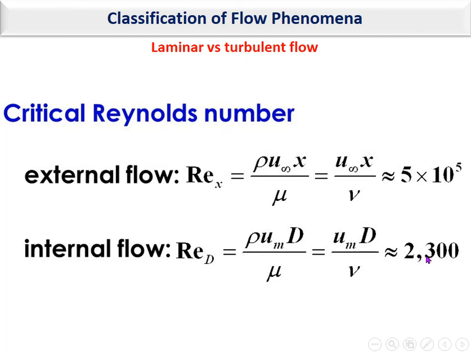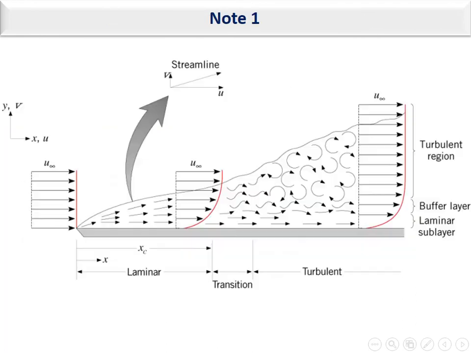There's a transition region also, but for the sake of simplicity we neglect it. In this course, internal flows with a Reynolds number below 2,300 are considered laminar, and external flows with a Reynolds number below 500,000 are considered laminar flow.